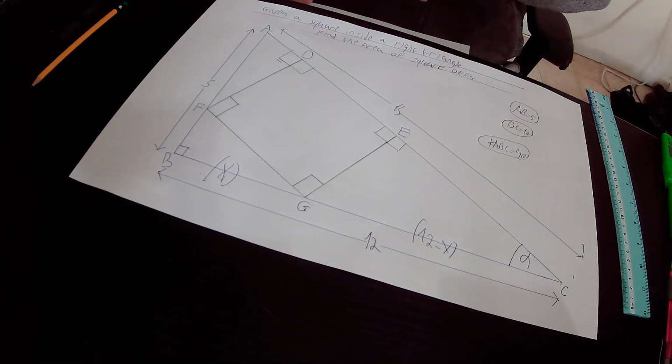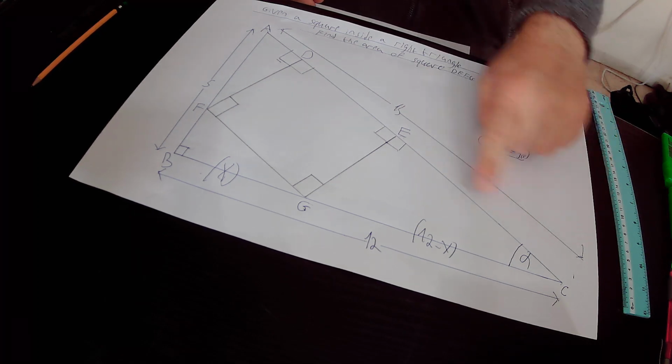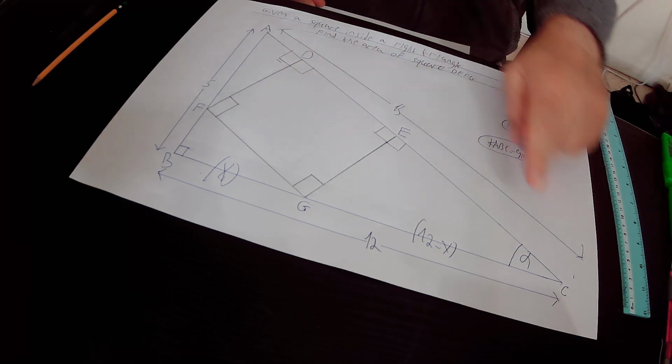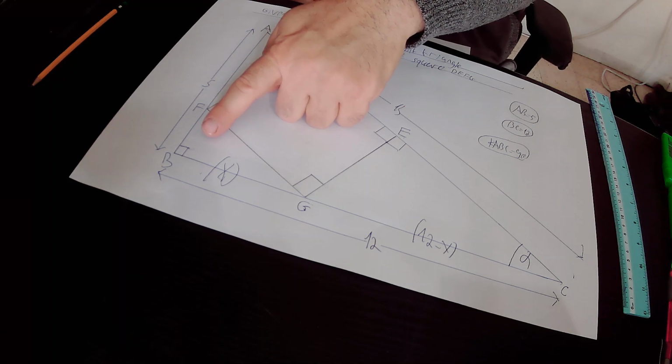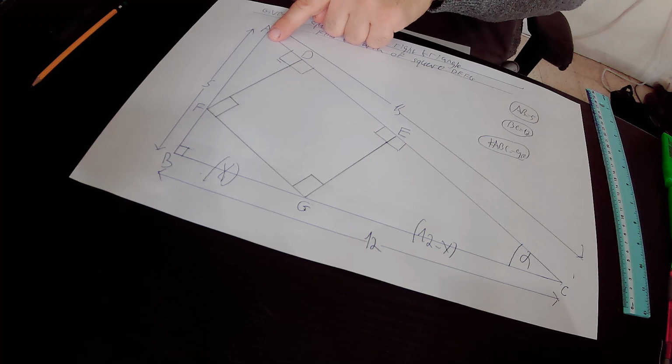In the big right triangle ABC, this angle equals alpha, this angle equals 90 degrees, therefore the missing angle must be equal to 90 degrees minus alpha. Why? Because 90 degrees minus alpha plus alpha is 90 degrees, and 90 degrees plus 90 degrees is equal to 180 degrees. That is the sum of the angles in any triangle. Therefore the missing angle must be equal to 90 degrees minus alpha.